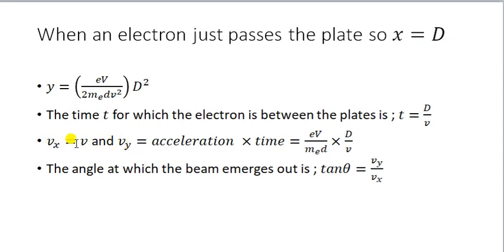Then vx is equal to v, and vy is equal to u plus at. Uy, the velocity along the y-axis, is 0 initially, so vy is a times t. We have already calculated the value of a, and the time is D over v. In this way we can find vy and vx. The angle at which it emerges, or the direction, will be tan theta is equal to vy by vx.